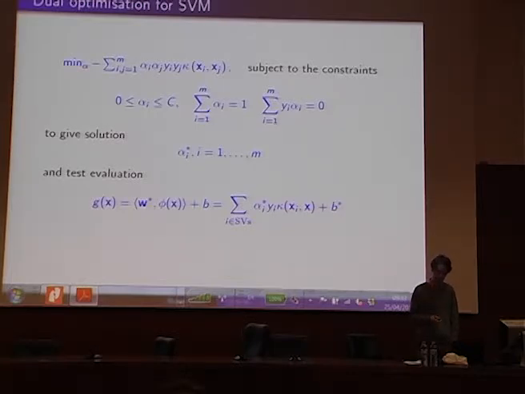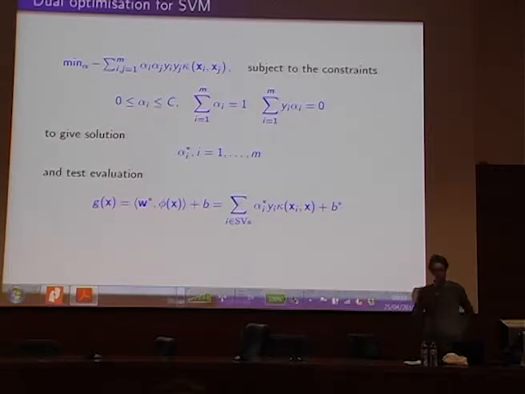And the very nice property is that many of these alpha i stars turn out to be 0. This was the property I referred to, that only a small subset of the training data is actually used to define the weight vector that you use in the application. The problem that I mentioned is that in very large data applications, that number is still too big.